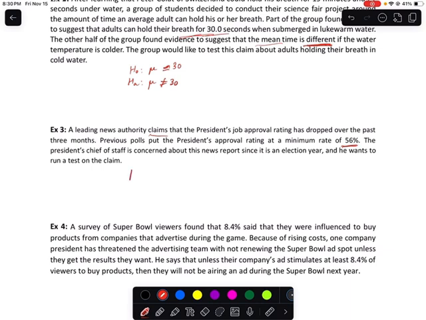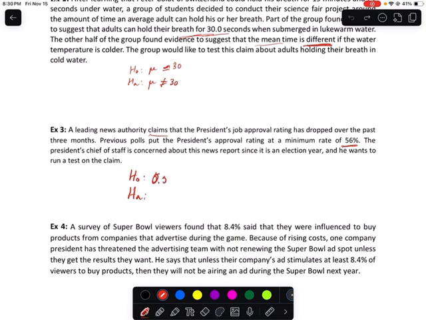So it has to be a proportion. So we have H naught, H A. Previous polls put the president's approval rating at a minimum rate of 56%. So this is the current rate which they think is true. So it is 0.56.